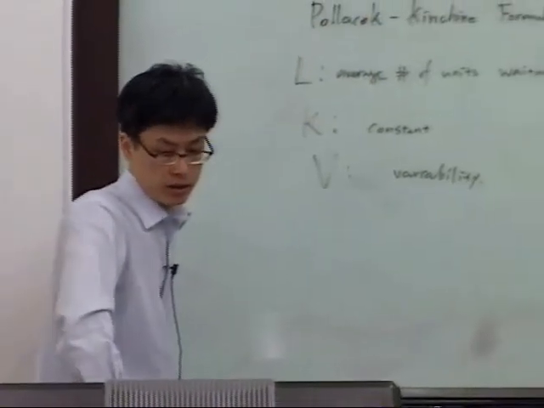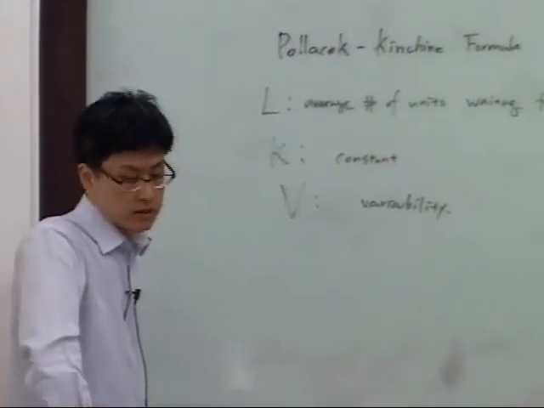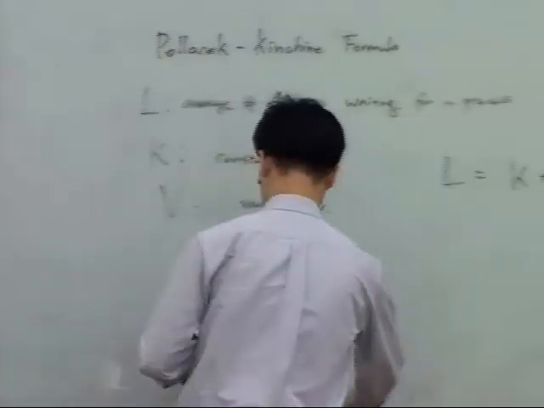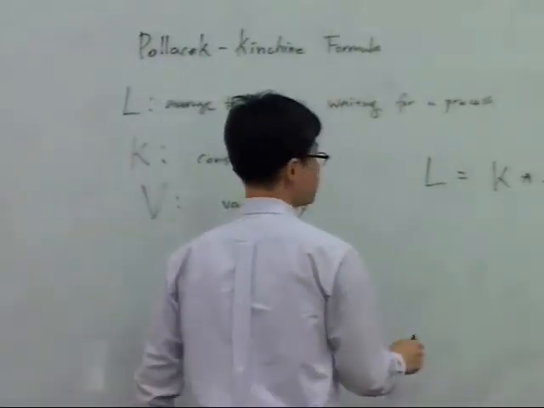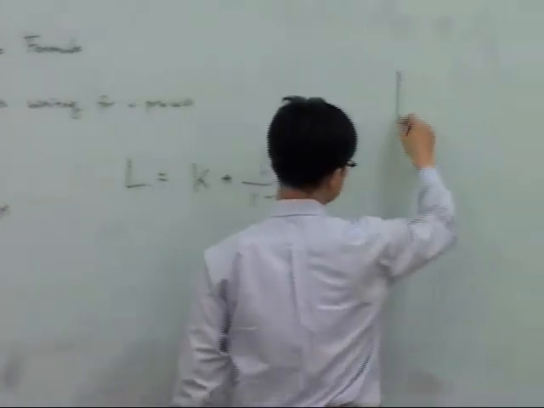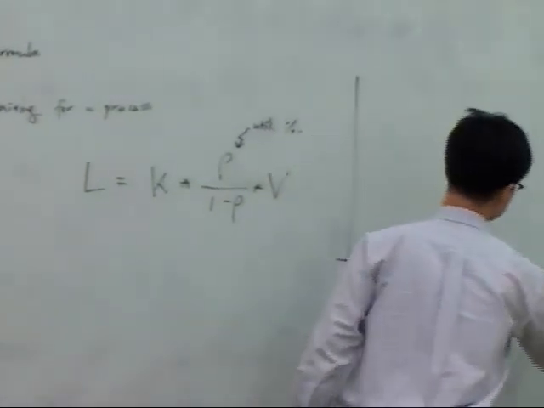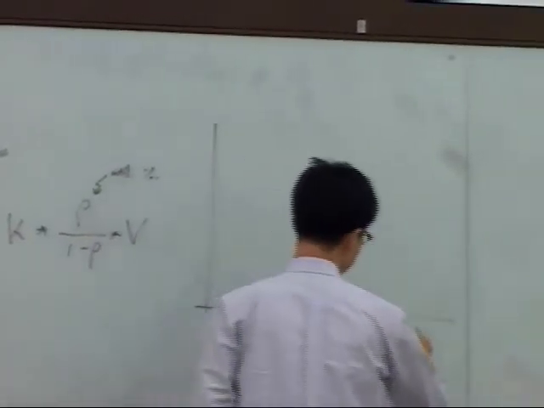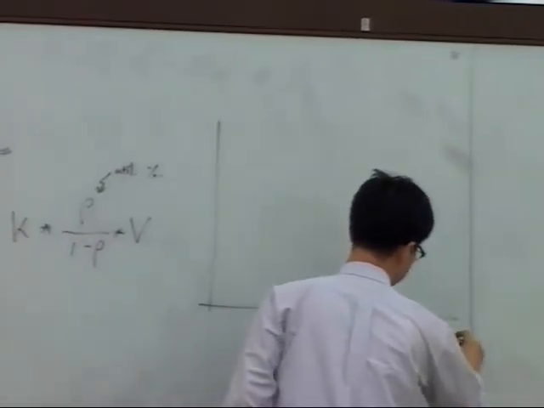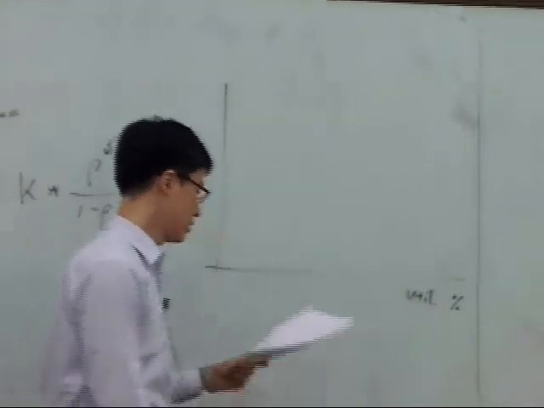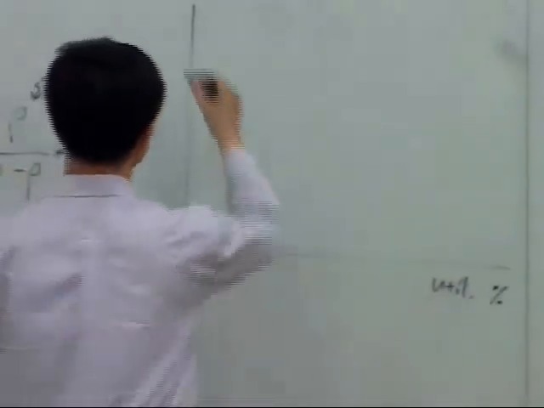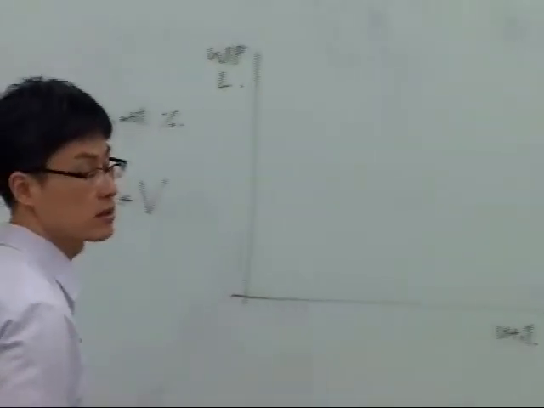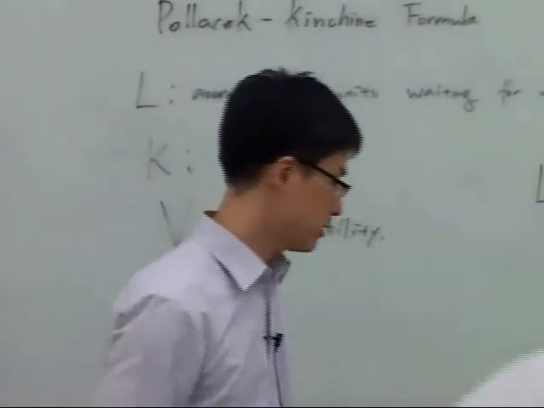Very important. Let's assume this x-axis is the utilization, and the y-axis is the working process, or L, the number of units waiting in the line.